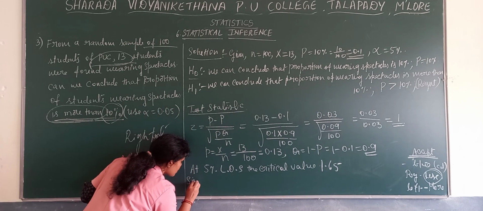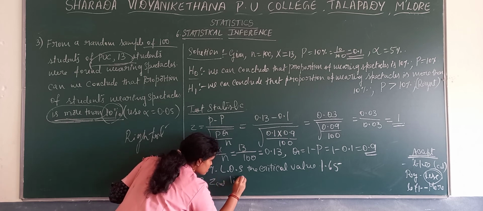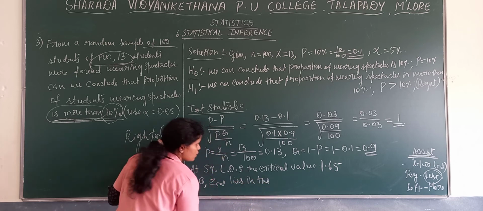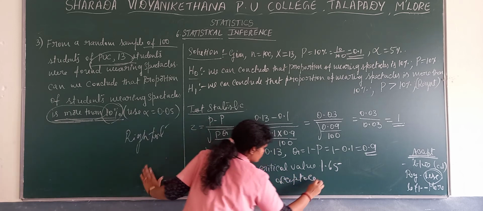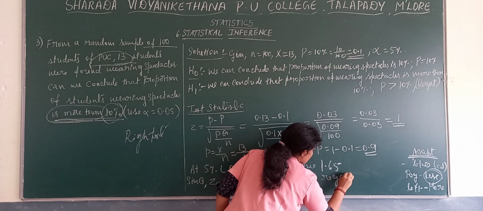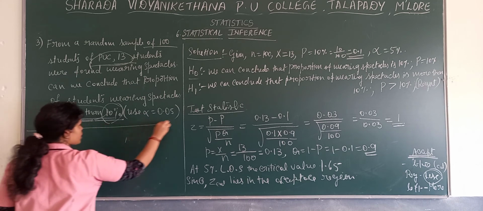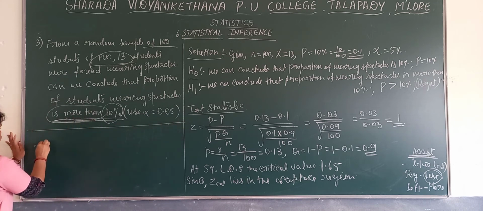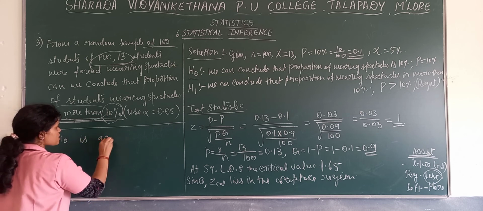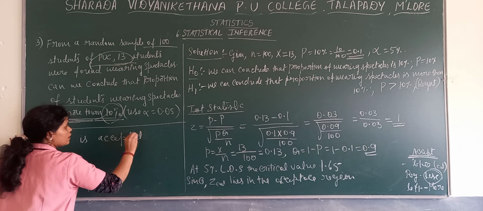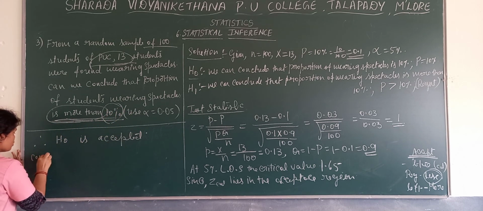So now write there, since the calculated value lies in the acceptance region, H0 is accepted. Therefore H0, that is the null hypothesis, is accepted. If it is accepted, write the null hypothesis as the conclusion.